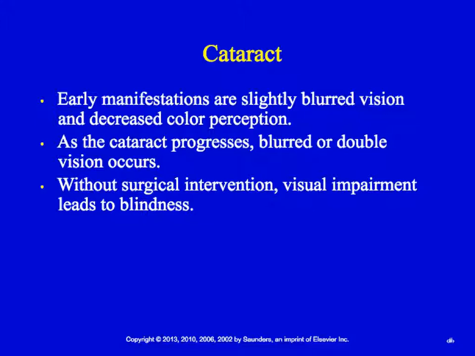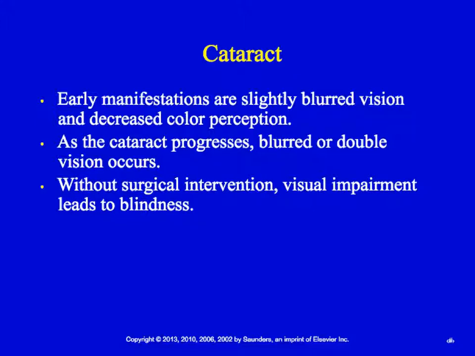Like I said, when they really start having some trouble getting around and doing the things that they normally do, the provider will recommend that they go have surgery. And the surgery is usually a lens implant. They will extract the old lens by a procedure called phacoemulsification.